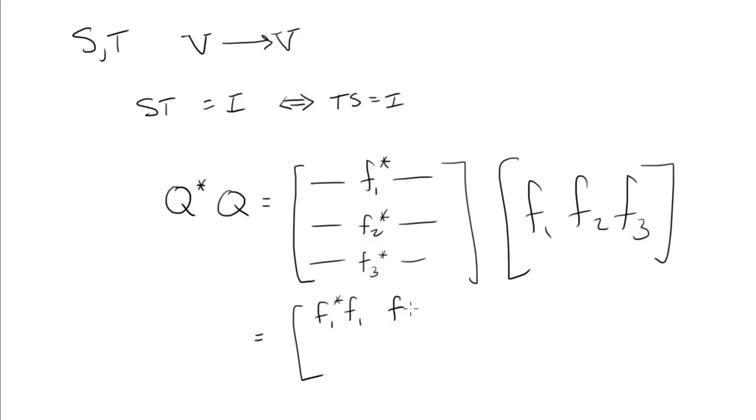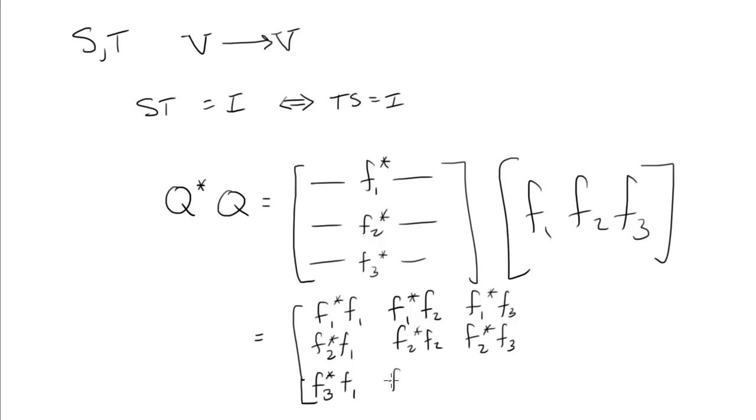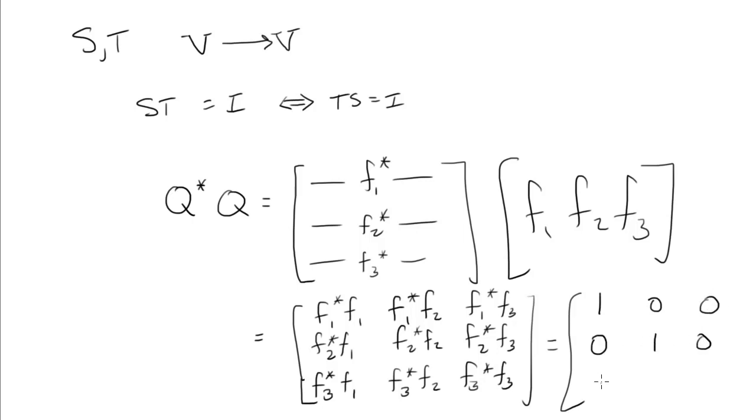Row column entries are the row column entries for the product matrix. And I just write them all down. Because the f's are orthonormal, every one of these entries is 0 except for the diagonal. So Q conjugate transpose Q is the identity. By the result we proved a month ago, that also means that Q Q conjugate transpose is also identity. There's only one matrix that does that. That's the identity matrix.